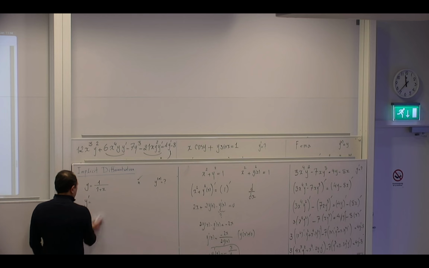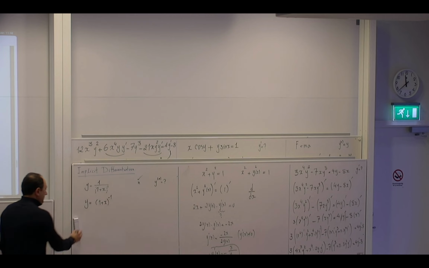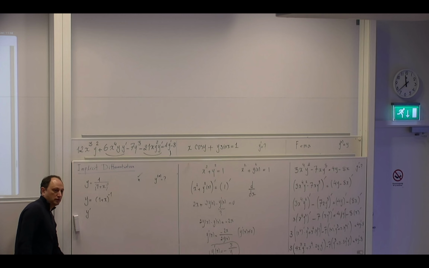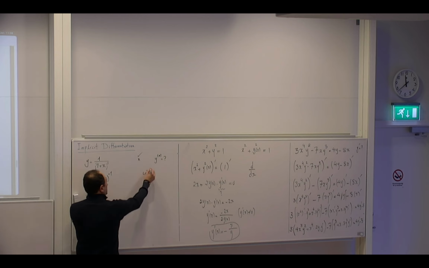So I don't want to use the quotient rule. I first prepare it for the chain rule. I bring the whole combination up. In principle, there is an invisible 1 up there. So when I bring it up, it becomes 1 plus x to the power minus 1. Now I can use the chain rule to take the first derivative. Can you tell me what the first derivative is? Take this u in your head, so it becomes u to the power minus 1.